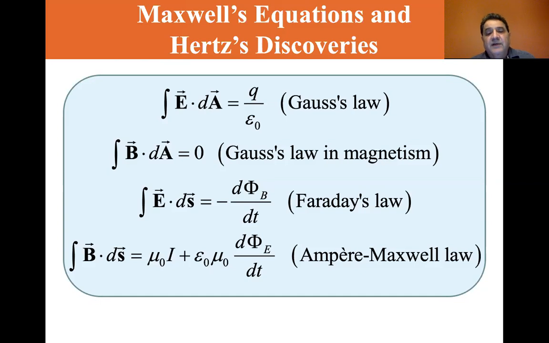Faraday's law of induction describes the creation of an electric field by changing magnetic flux, d phi dt. Maxwell's law describes creation of a magnetic field by changing electric field and electric current.